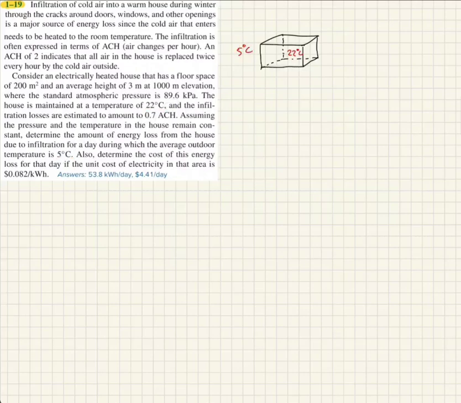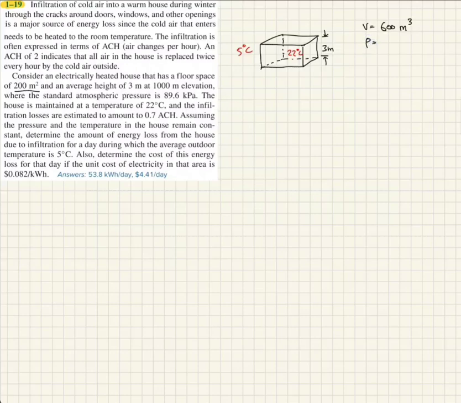Now, what do we know about this house? The floor is 200 meter square, and the height is 3 meter. This gives us a volume of the house, which is 600 meter cube.